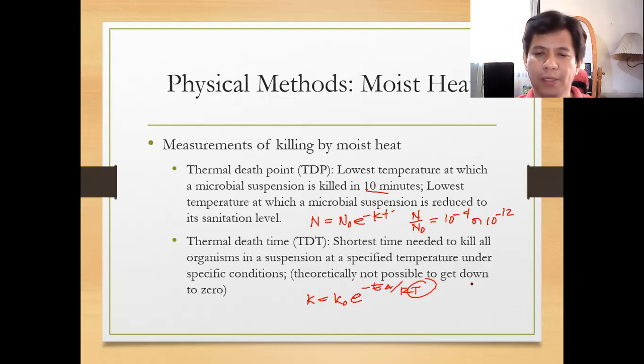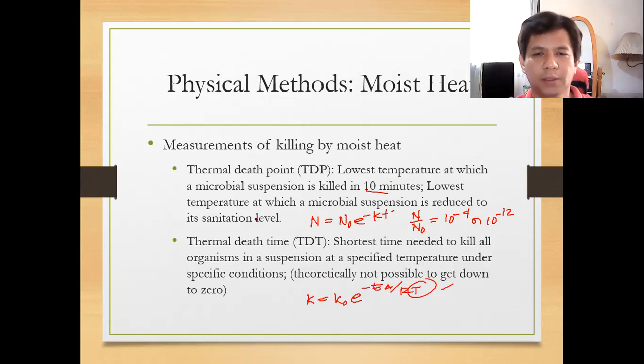So meron kayong given na temperature dito sa thermal death time, may specified yung temperature. So you're going to use this equation. Usually, alam naman yung yan, E sub A tsaka K sub O. Tapos malalaman niyo yung K. Tapos pag nalaman niyo yung K, punta kayo dito, alam yung N over N sub O, makakalculate yung T, yung time. Ganun lamang yung thermal death time. It's the shortest time needed to kill all the organism in a suspension at specified temperature under a specific condition. Okay?